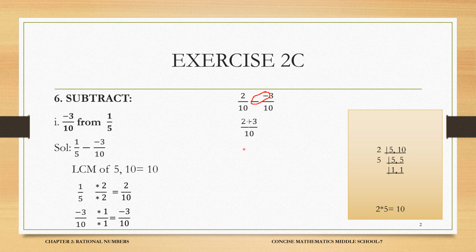That's why in our next step you are going to write it down as 2 plus 3 by 10, because minus into minus is plus. Now both are having plus sign in the numerator. 2 plus 3 is 5 by 10. And here you can divide this. 5 ones are 5, 5 twos are 10. So the answer will be 1 by 2. I hope you understood this.